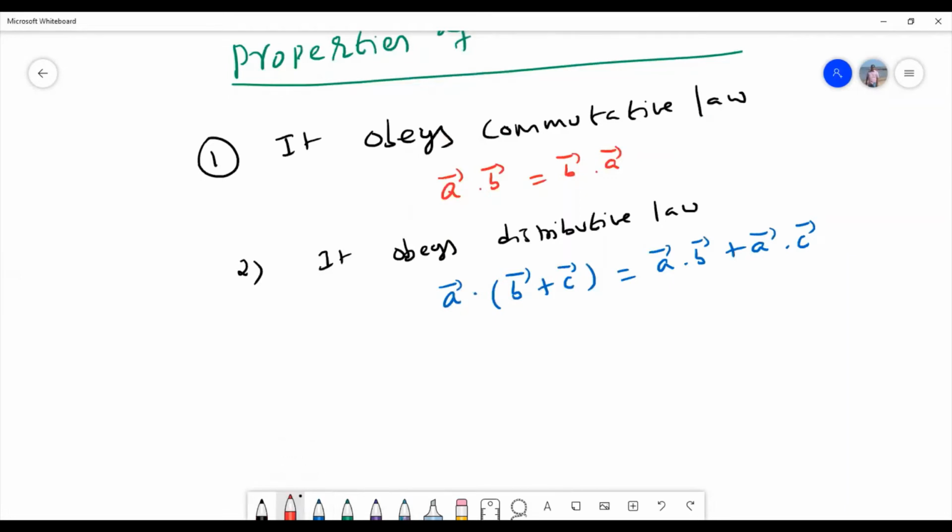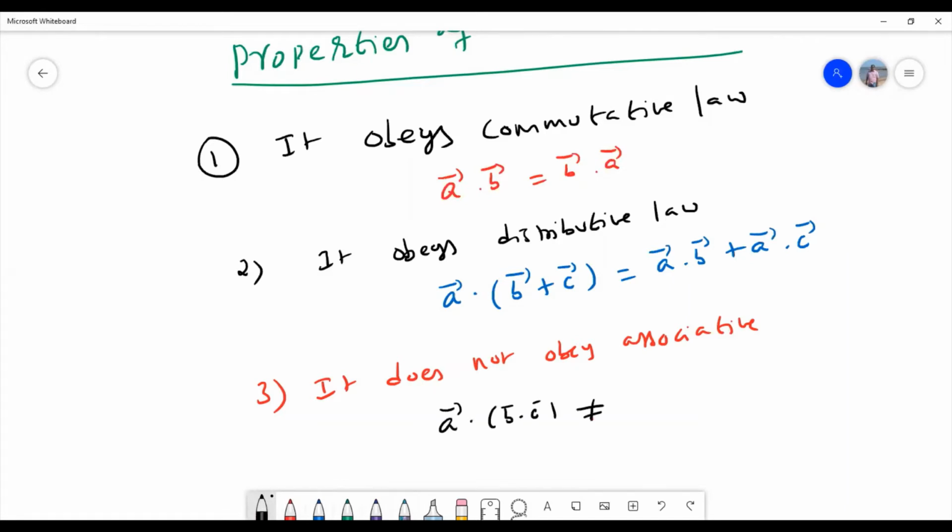But remember, it does not obey associative law. What does associative law mean here? If I take A bar dot B bar dot C bar, it is not the same as A bar dot B bar dot C bar grouped the other way. Why?